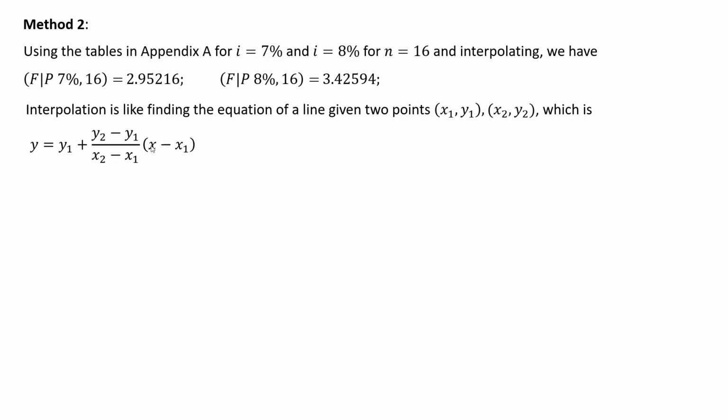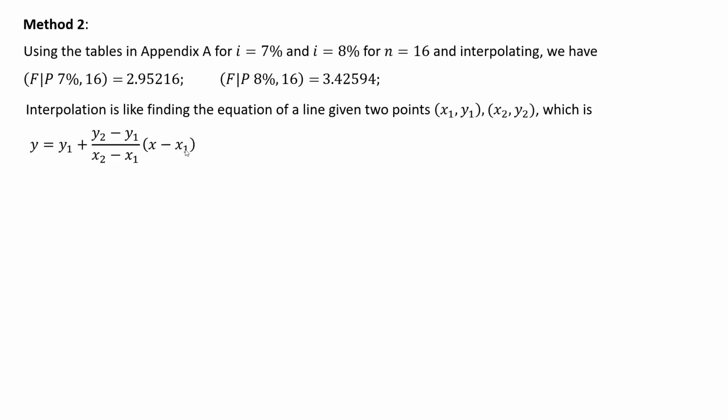So, what is this formula got to do with what we are trying to do? I would say everything. Let's see. What do we want? We want at 7.5% what this factor is. We know for 7% the value is 2.95 and so on. So that means take x1 as 7%.